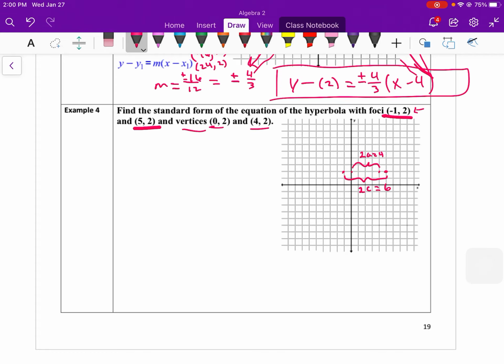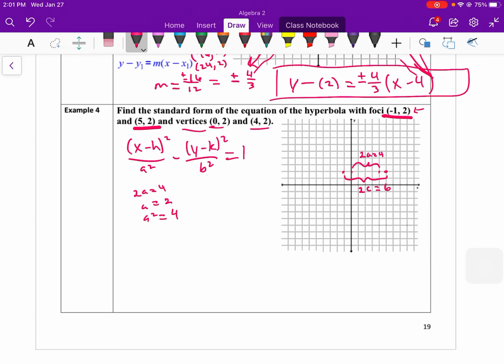Since our x values are shifting, it's going to open left and right. So the standard form of the equation is going to be x minus h squared over a squared, minus y minus k squared over b squared equals 1. 2a equals 4, so a equals 2.